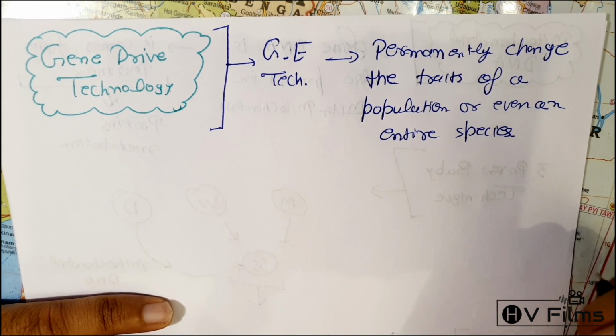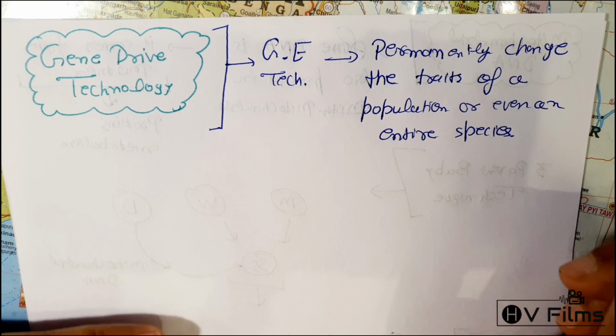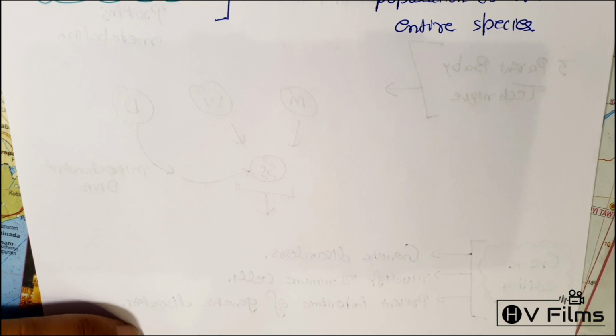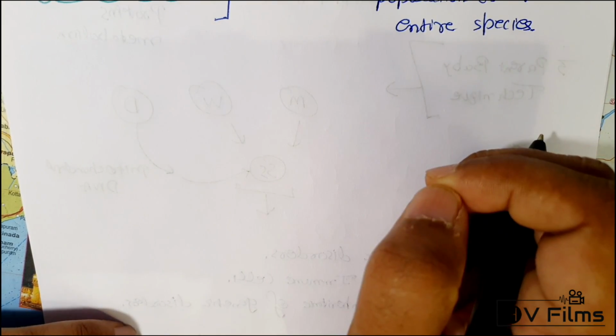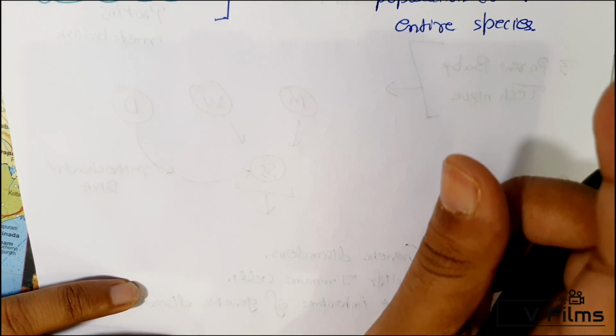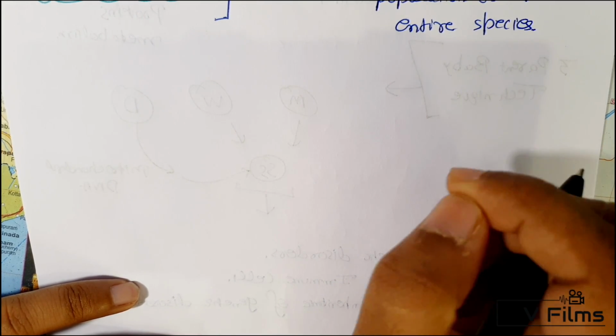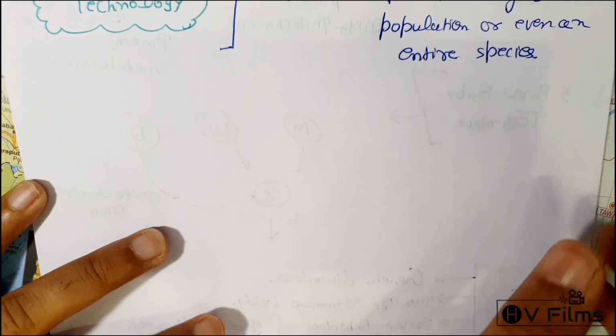Gene drives occur naturally, but they can also be engineered. How does it work? Gene drive technology is designed to introduce a genetic tweak into a population of a species by altering the rules of inheritance from parent to offspring.